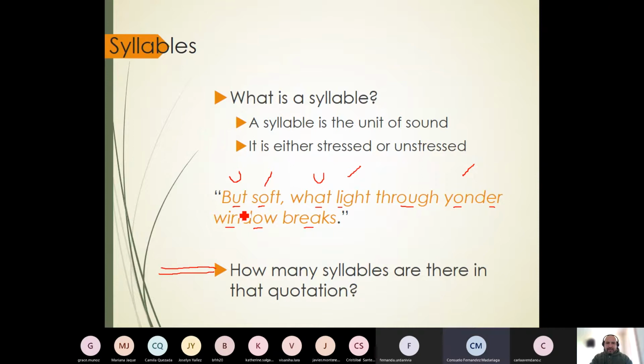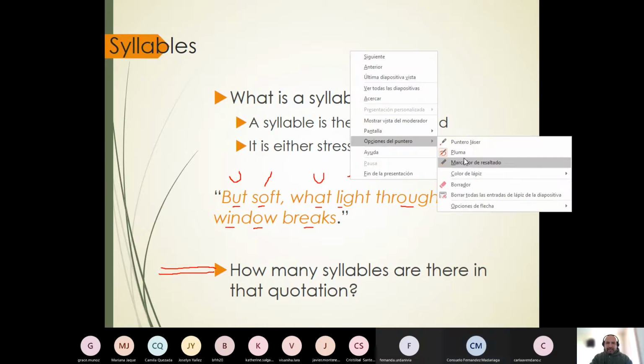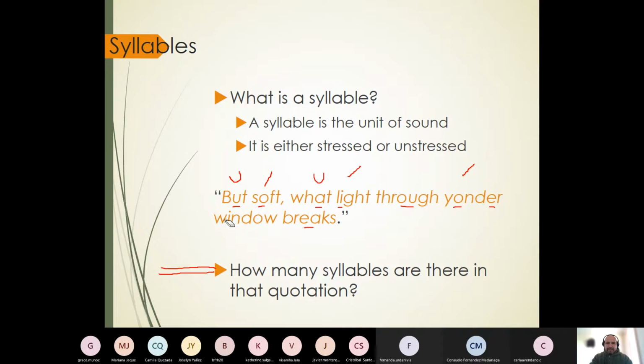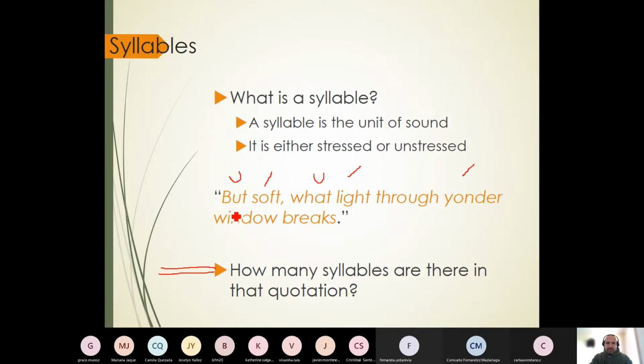Okay. Win, and then breaks, right? So, but soft, what light through yonder window breaks.